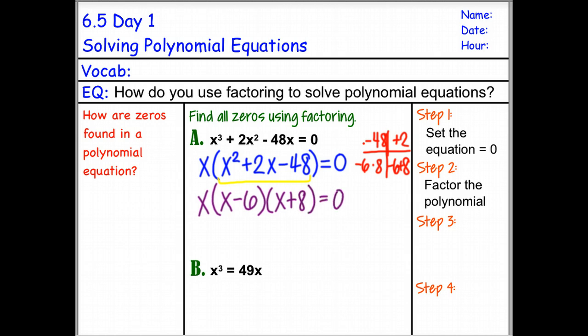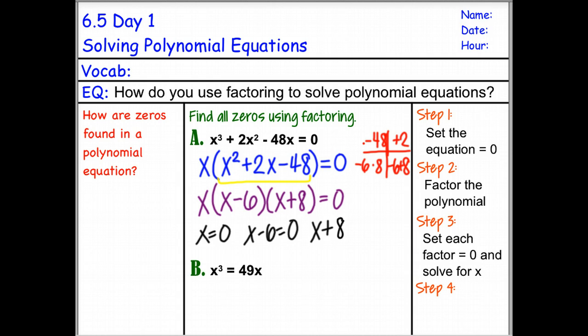Now if you remember, we've got the zero product property, which says that if we have 2 or more factors that multiply to get 0, one of them must be equal to 0. So in our case, either x equals 0, x minus 6 equals 0, or x plus 8 equals 0.